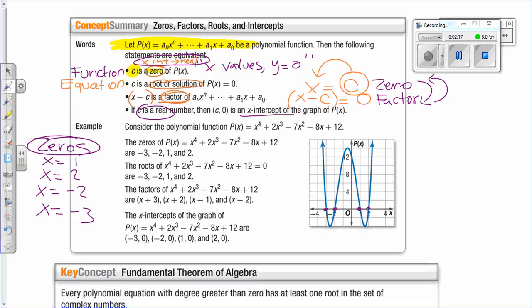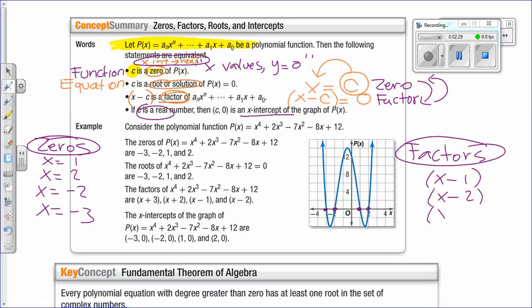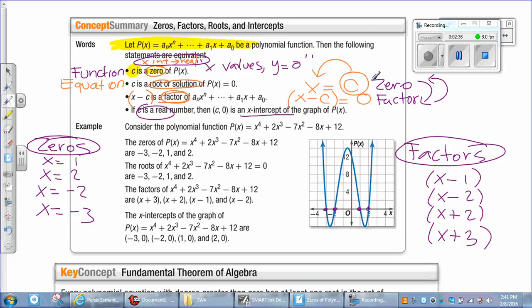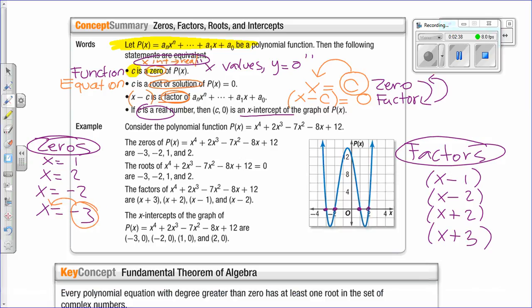From there, I could say that the factors will be x minus 1, x minus 2, x plus 2, and x plus 3. So if you notice, all I did was take those numbers across the equal sign so that they would be with the x. Here are the factors, here are the roots, here are the zeros, and of course, the x-intercepts.